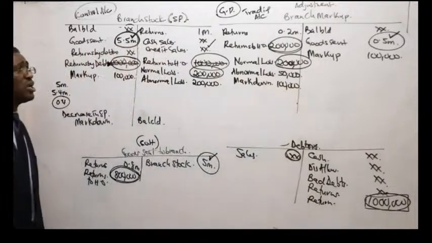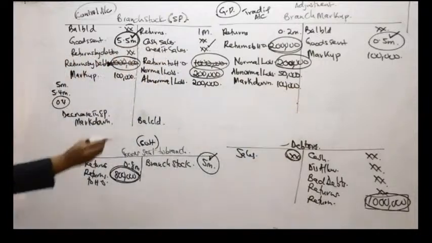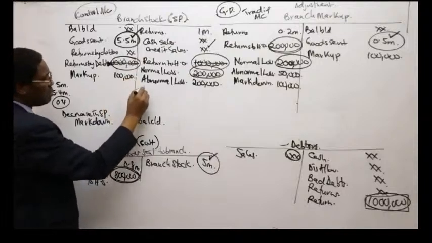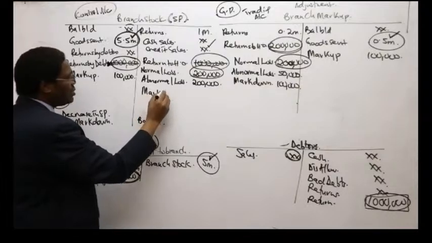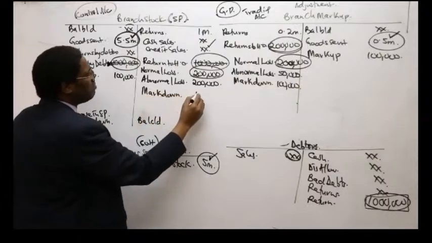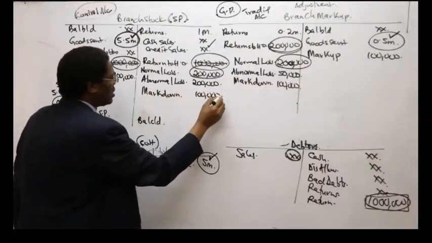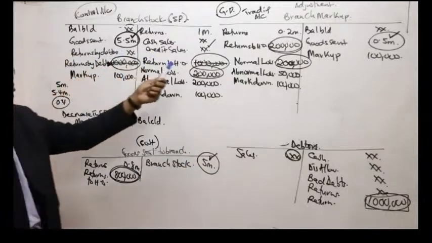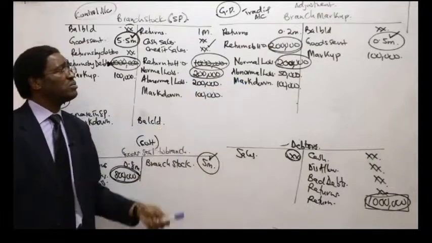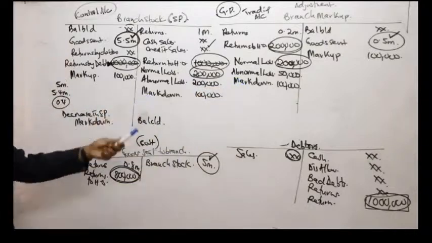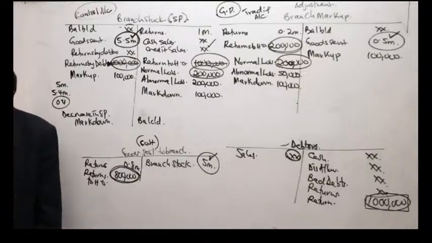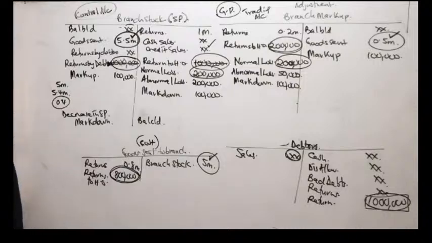You debit branch markup to reduce your profit, and you credit branch stock. That's the entry for any markdown in price.